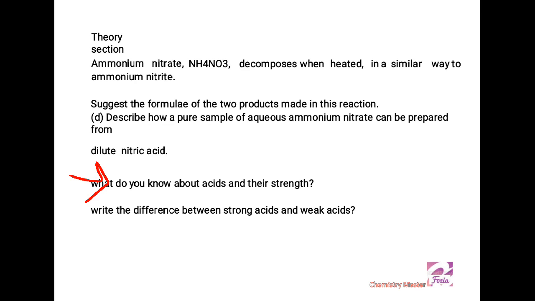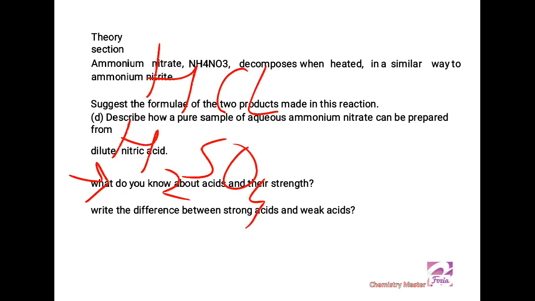Strong acids are those acids which dissociate completely into their ions. So they prefer to be in their ionic state. For example, hydrochloric acid, sulfuric acid, or nitric acid, which is also a very important strong acid.